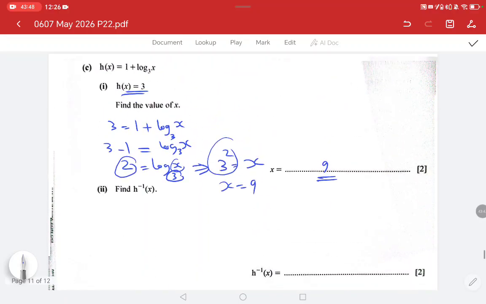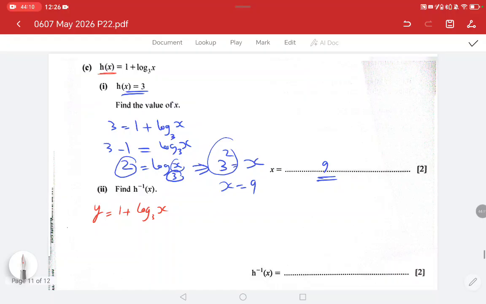Now the inverse function. We need to find the inverse function of this one. Let's follow the same steps. We start with y equals 1 plus log x. So what to do then?